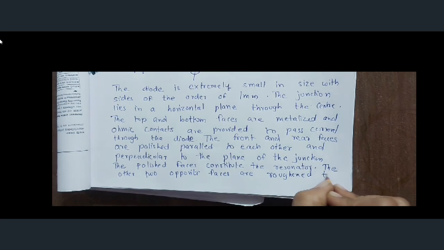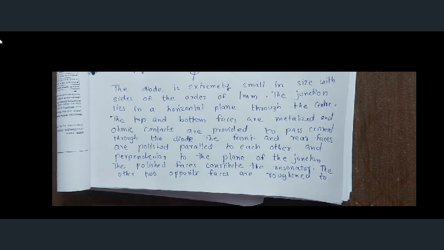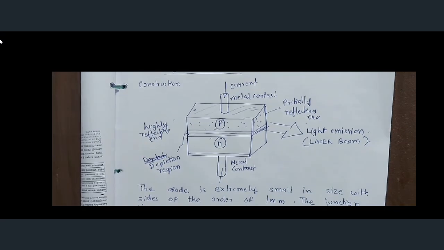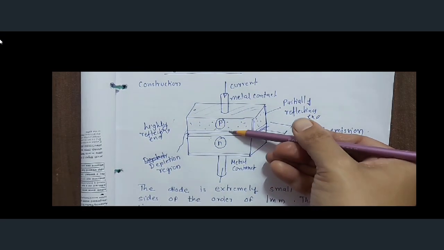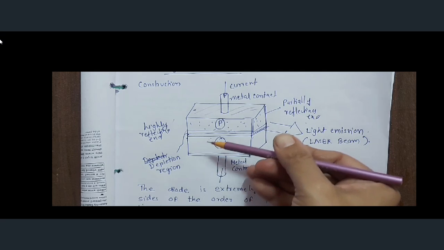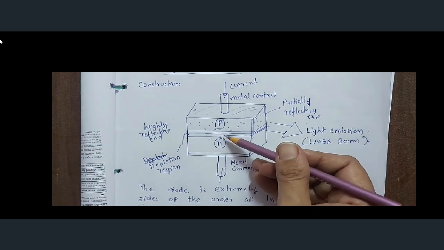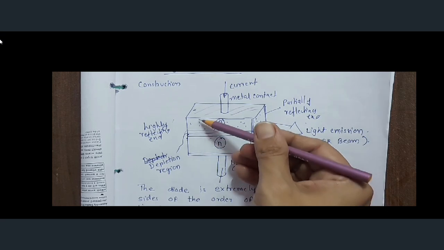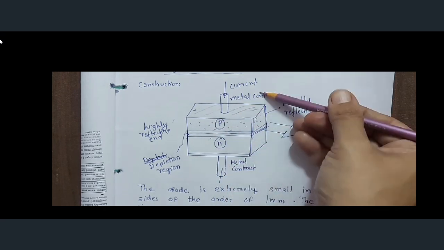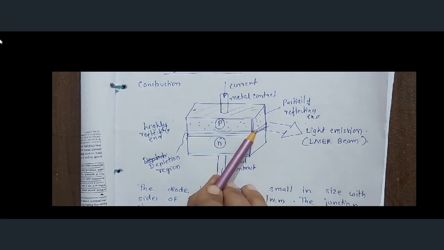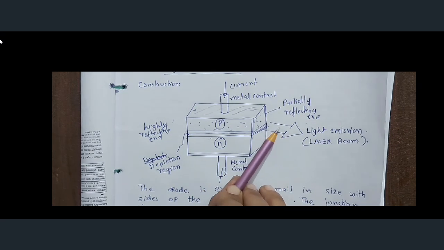Rough means the surfaces are not smooth, so they are made rough. It is always better to roughen the surface on both sides so that the laser comes from this direction only.